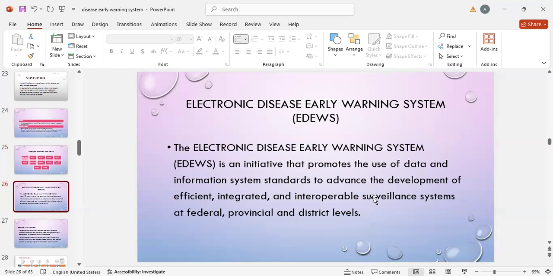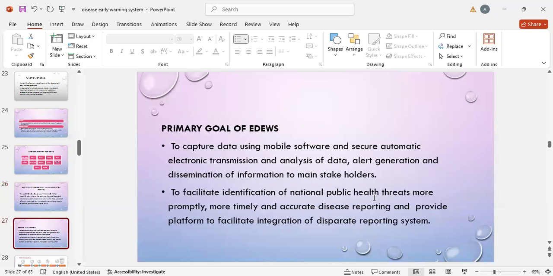Electronic Disease Early Warning System, EDEWS. The Electronic Disease Early Warning System, EDEWS, is an initiative that promotes the use of data and information system standards to advance the development of an efficient, integrated, and interoperable surveillance system at federal, provincial, and district levels.